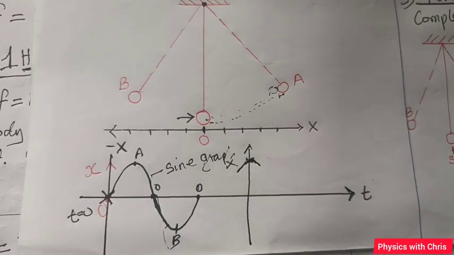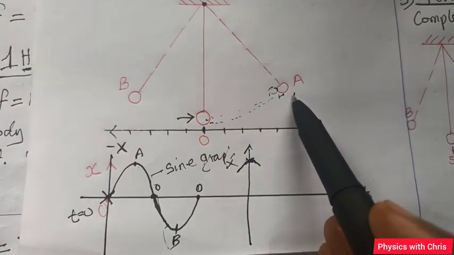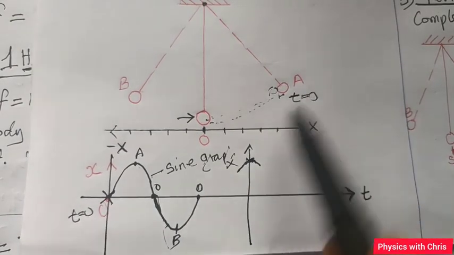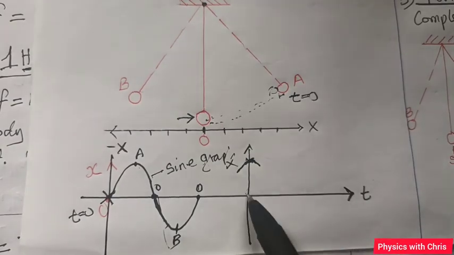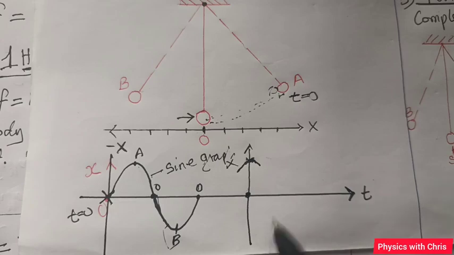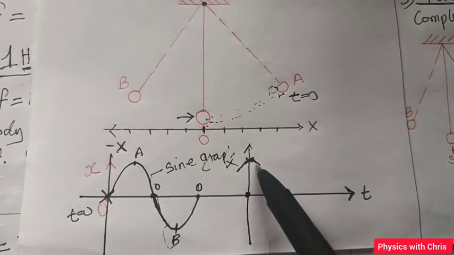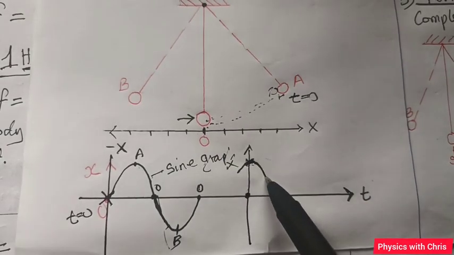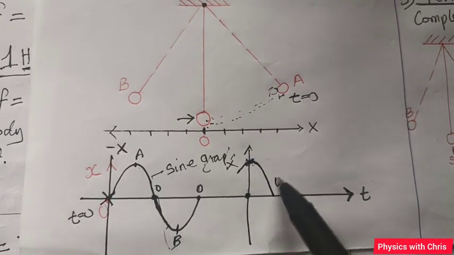I release the bulb at point A, because that's the starting point now, and t is equal to 0. So when I release the bulb at point A, it swings to point O, where the displacement is 0, and it follows this path to point O here.